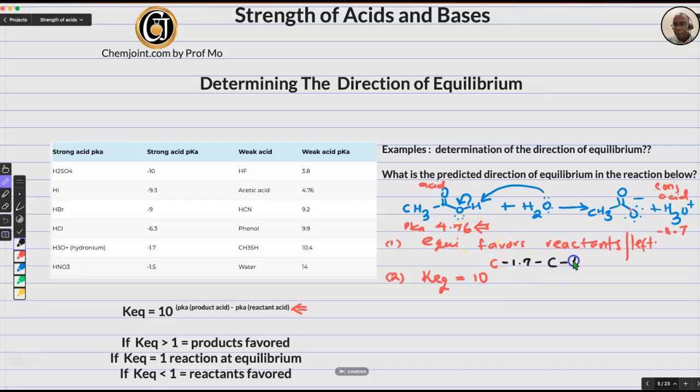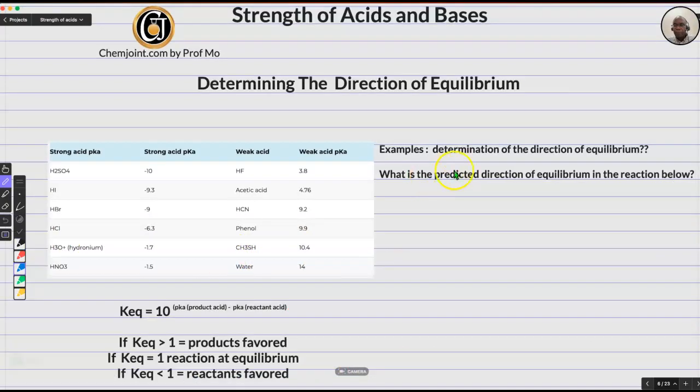The reactant acid is positive 4.76. If you do the calculations, you'll find that Keq equals 3.46 times 10 to the power minus 7. This is way less than 1. So again, if the Keq is less than 1, then the reactants are favored. That's another way to do it.